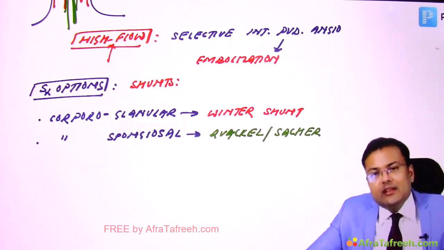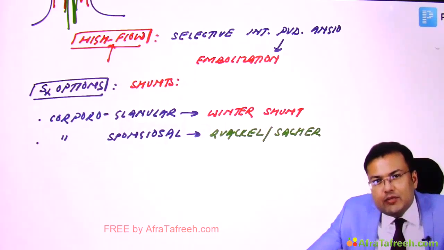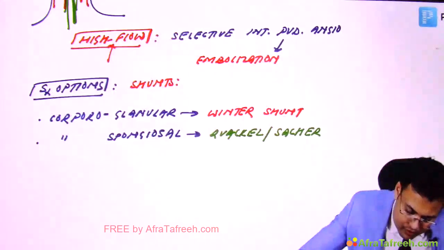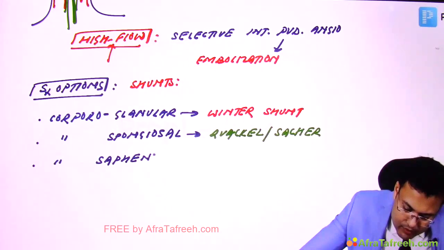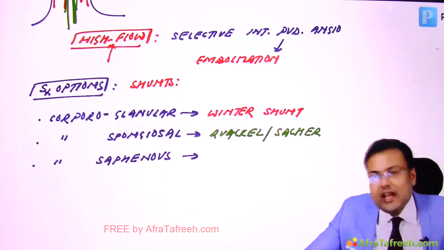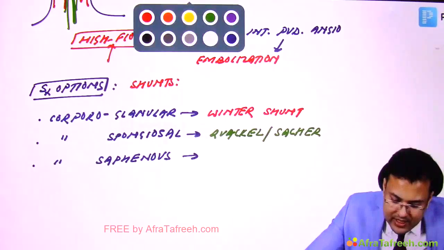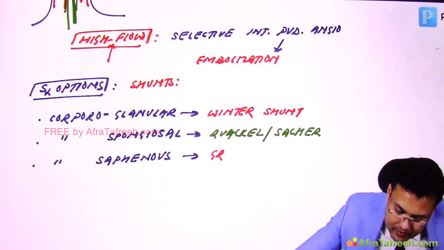Clear? Then we can create it in between corpora cavernosum and saphenous vein. So this is corporosaphenous shunt, and what's the name? It's known as Grayhack shunt.